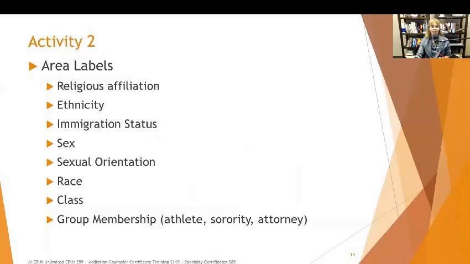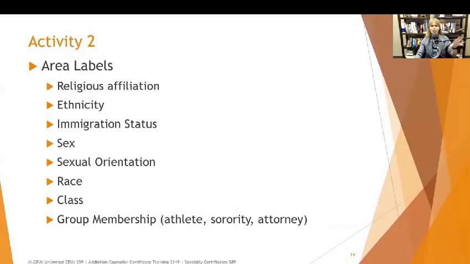Another activity that is interesting to do: you use flip chart paper, and each area has a different label: religious affiliation, ethnicity, immigration status, sex, sexual orientation, race, class, or group membership.